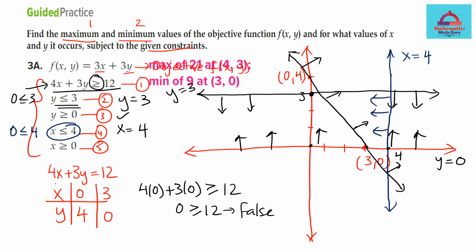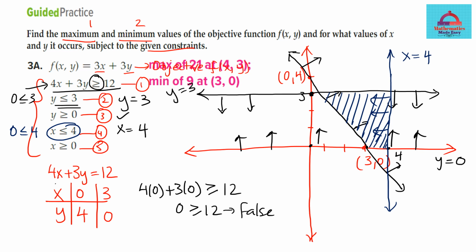So till now, the common shaded region for all of these lines has come out to be this. So I will just highlight this. So this is my shaded region. Okay, and I can check it also from the graph.